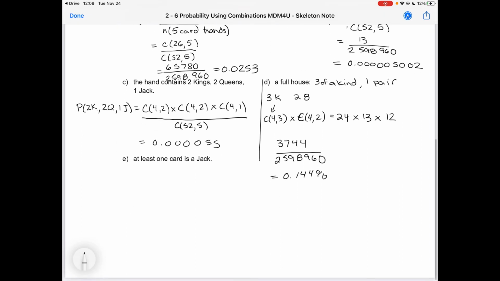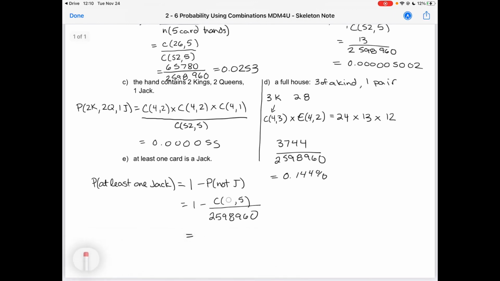The last one that we're going to look at is what if at least one card is a jack? So I know that for at least one card to be a jack, I can use the complement property to calculate this, because it's going to be easier to isolate the hands where I don't have a jack. So I'm going to do 1 take away my hand here. And I'm going to choose not a jack, so I would have 51 cards to choose from, and I would choose 5 of them.